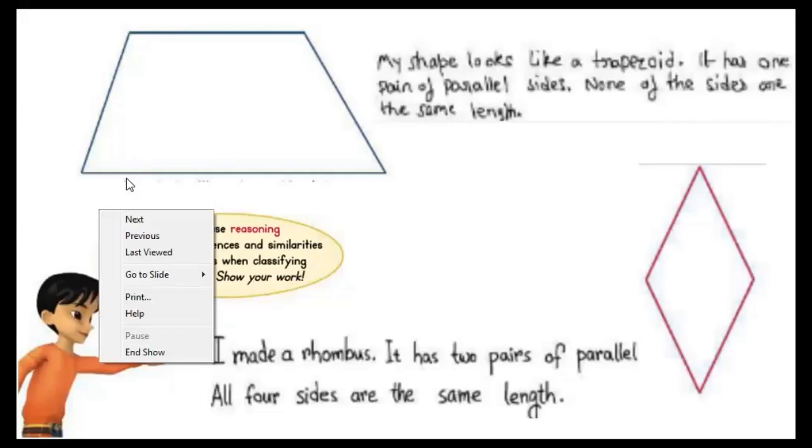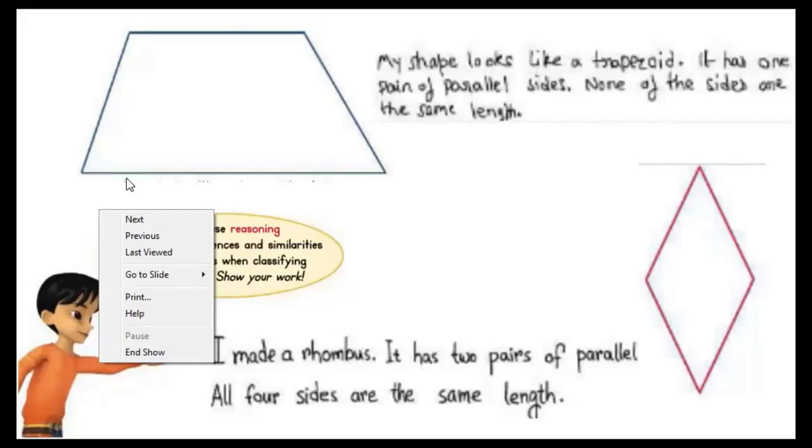So our friend here started by drawing a trapezoid and determined some properties on his paper. He said that we have one pair of parallel sides and none of the sides are the same in length.